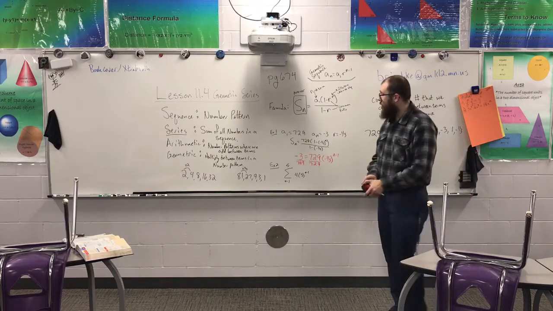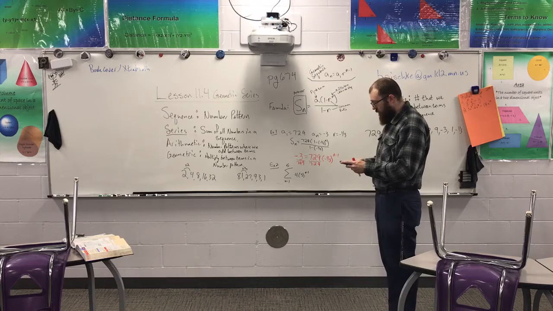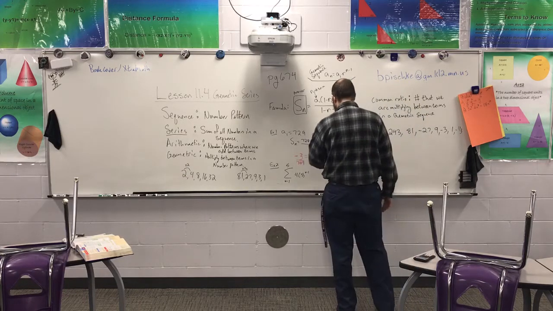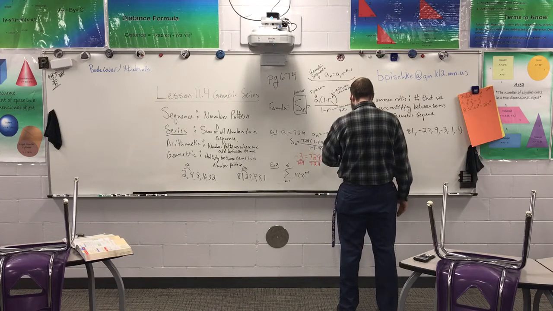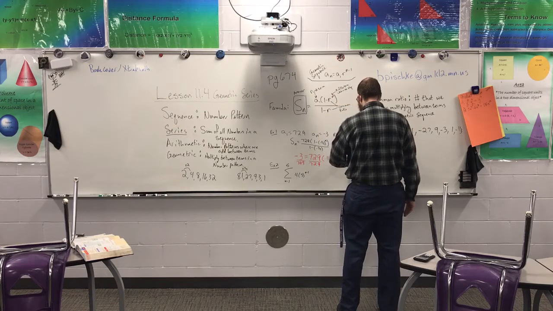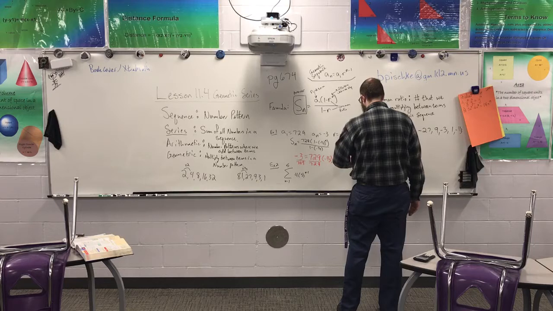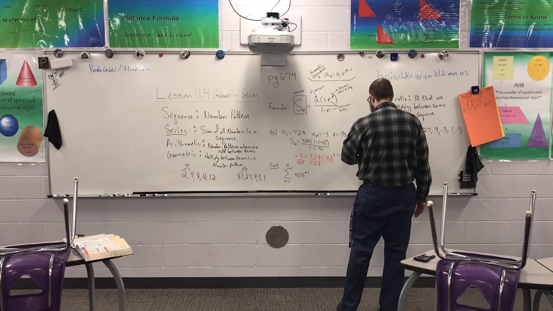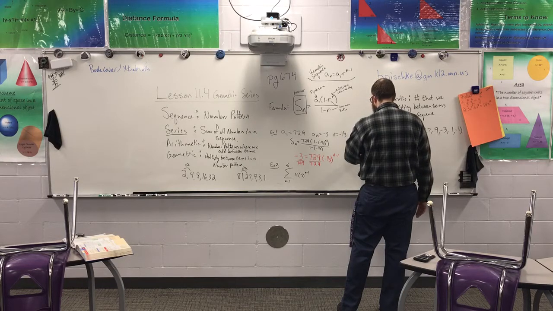You're going to want it as a fraction and not a decimal. If you have it as a decimal, that is going to cause you significant issues. So this turns into negative 1 over 243 equals negative 1 over 3 to the n minus 1.